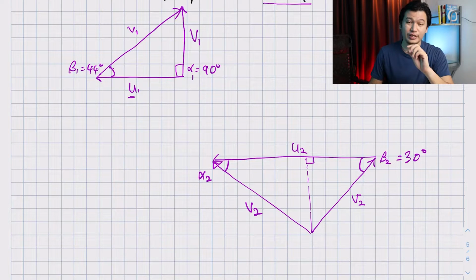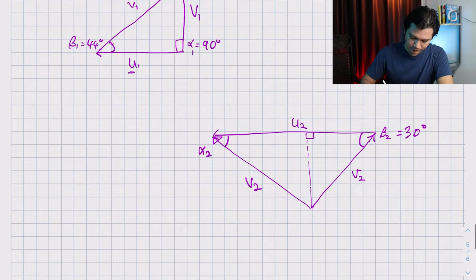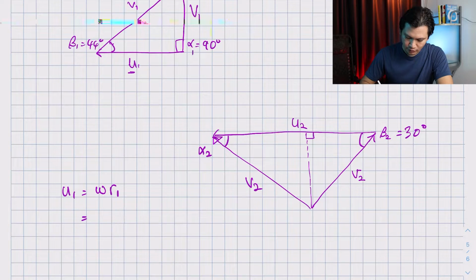So why don't we try and find U1 at the moment? U1 is going to be omega times R1. And omega is simply 2 pi n divided by 60, times R1.